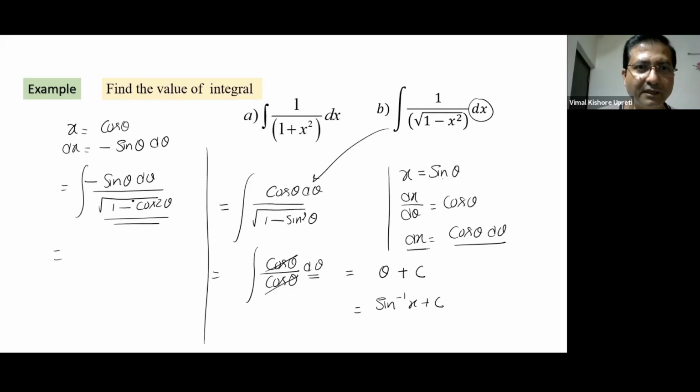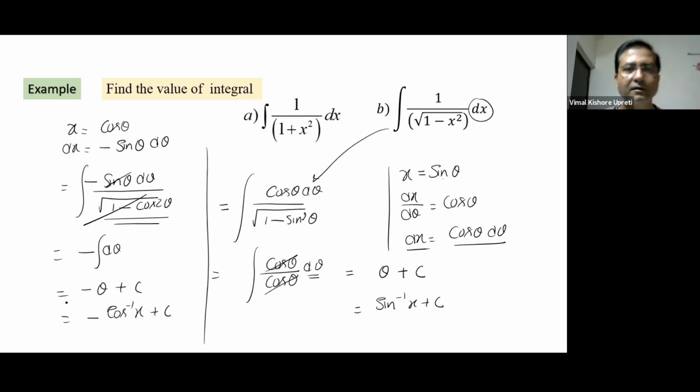This sin theta and this sin theta get cancelled out, leaving minus d theta. Its integration is minus theta plus c.